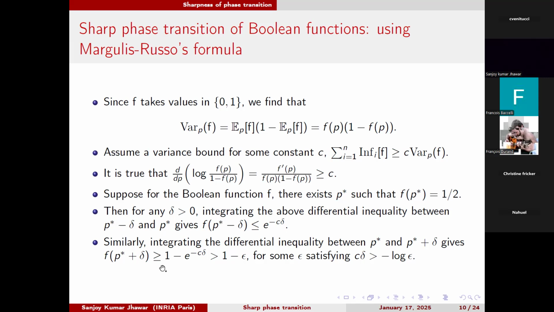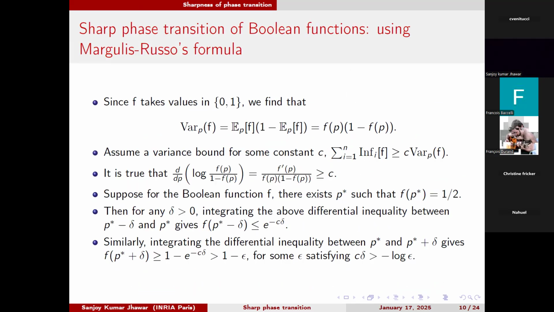And on the other hand, if we integrate this differential inequality from p star to p star plus delta, that means just above the critical value p star, then we get a uniform lower bound like this. Okay. Or it is converging to 1 as delta tends to, let's say, 0. Okay. So we have the sharp phase transition of this kind of Boolean function.